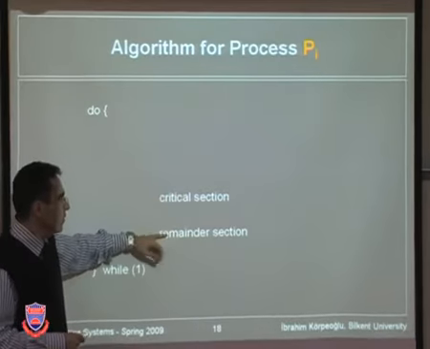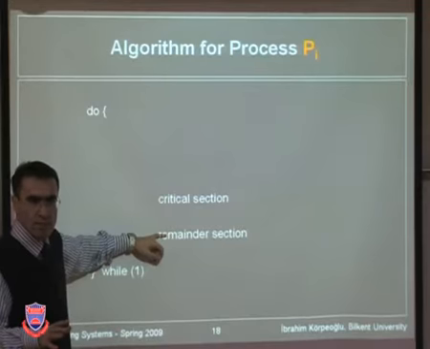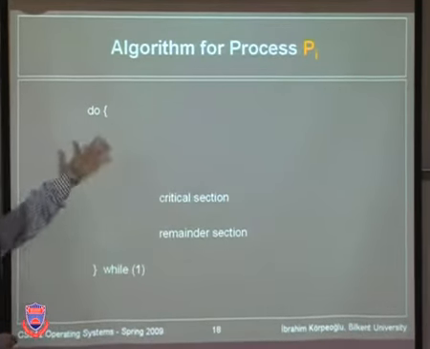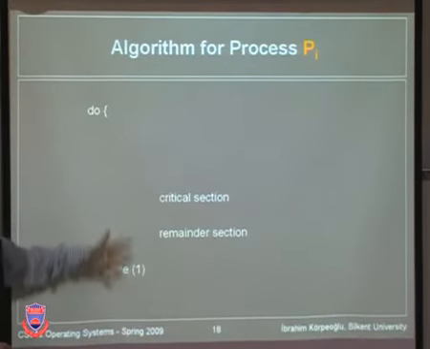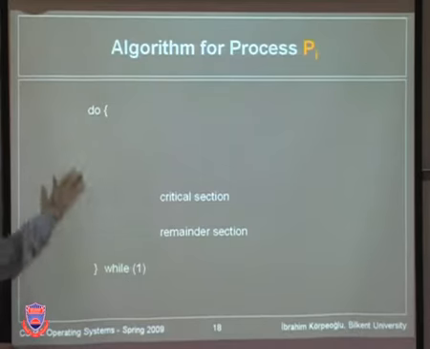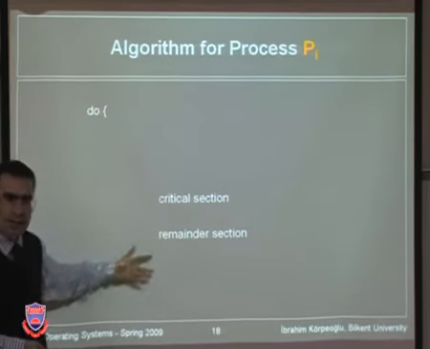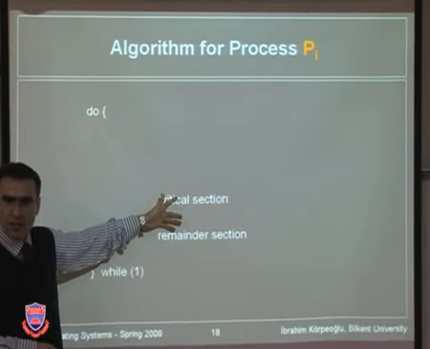And then they execute in their remainder sections where they do not touch shared data, okay? So one process may be executing this for a while, maybe all the time. Another process will be doing the similar thing. From time to time, it will go and access the shared data, and then it will do something else, and then it will come back and access the shared data, execute critical region code, okay?